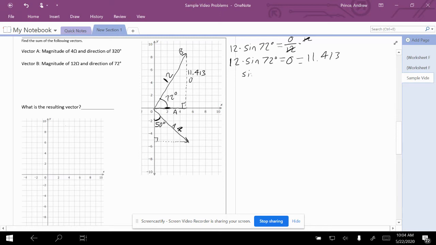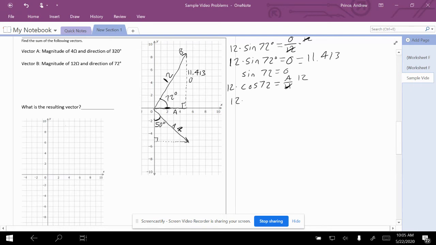I'm going to do the exact same thing over again with cosine to find the adjacent, because sine 72 was for the opposite. Cosine 72 is going to be the adjacent over the hypotenuse. You can even start to see a pattern there; you're going to be able to skip some steps later. But just to solve it out, we cancel the hypotenuse, which brings the 12 over to this side of the cosine.